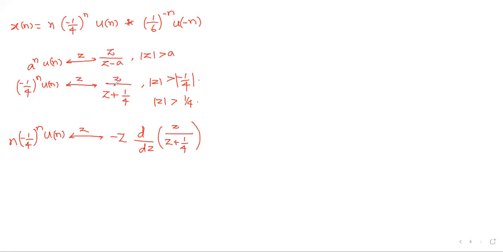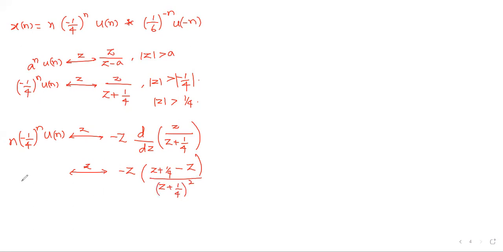Now what will we get here? The z transform will be minus z into, so if you differentiate this, what we will get: z plus 1 by 4 into z differentiation is 1, minus z into z plus 1 by 4 differentiation is 1, divided by z plus 1 by 4 whole square.